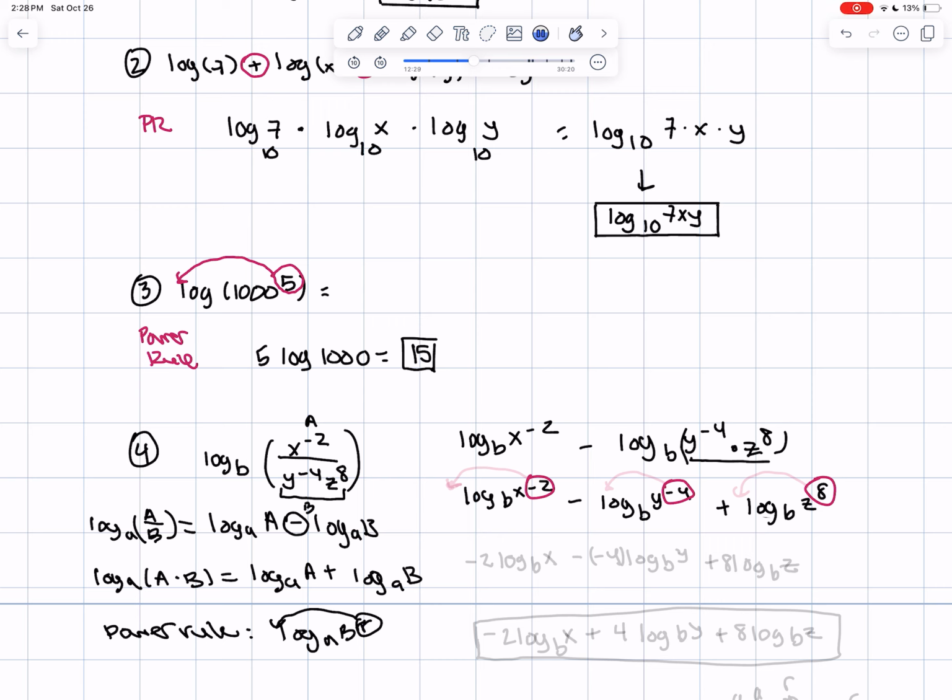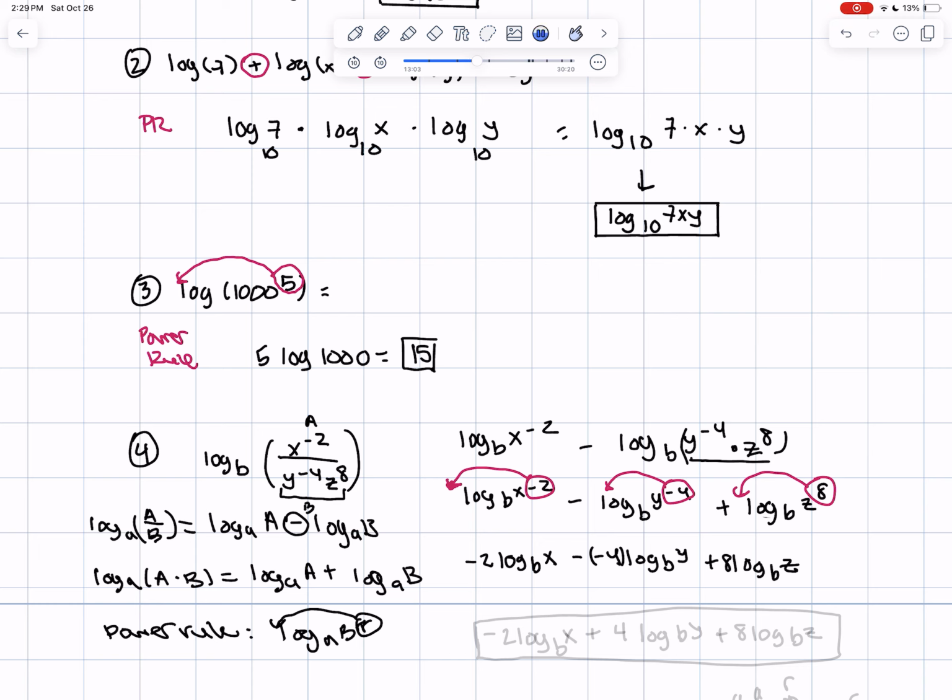All of our powers are going to come to the front of the logarithm. So now it'll be minus 2 log b of x minus 4 log b of y plus 8 log b of z.